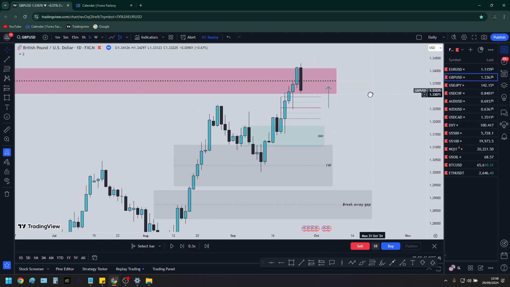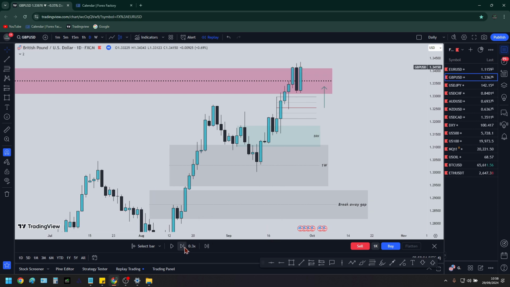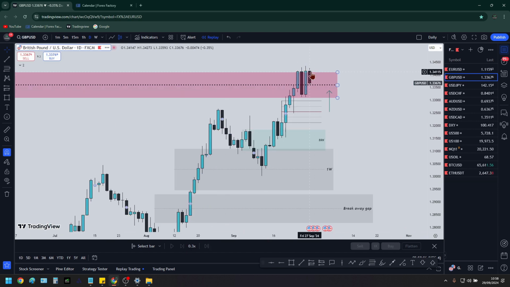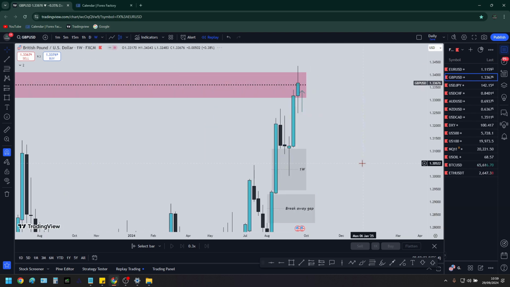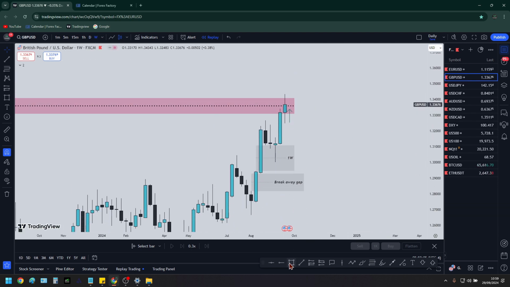Now the bodies are respecting the higher quadrant, the higher part of this volume imbalance, which we're still respecting sort of. So we'll see what happens. But still bullish. On the weekly, we have this fair value gap.